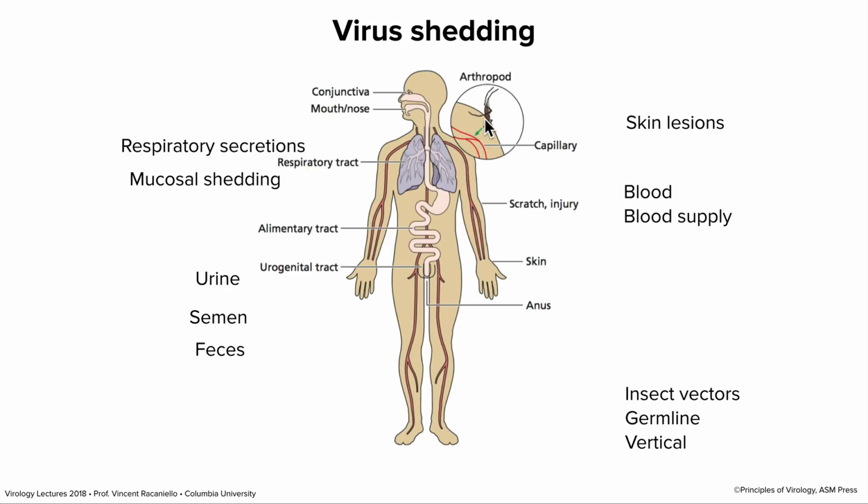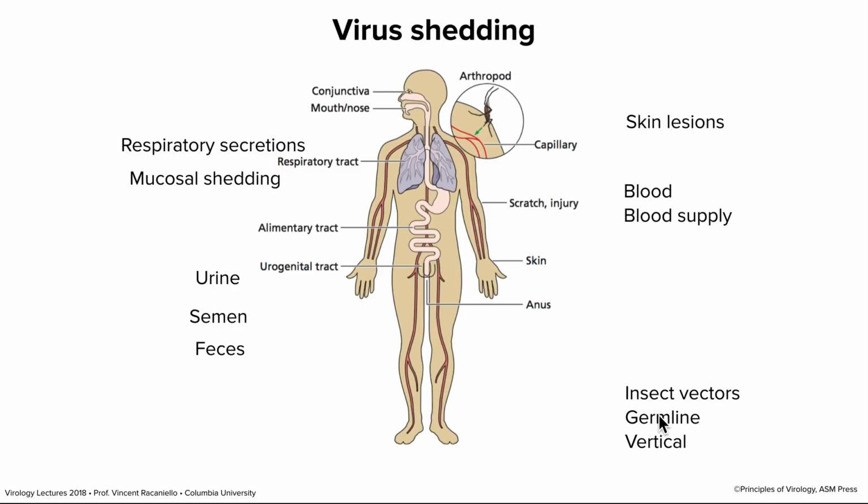You could have insect vectors taking your blood and transmitting it to another. So now we're in the category of non-shedding transmission. If you are an intravenous drug user and you share a contaminated needle, you could get the infection that way. Infection via the blood supply, insect vectors, germline transmission.